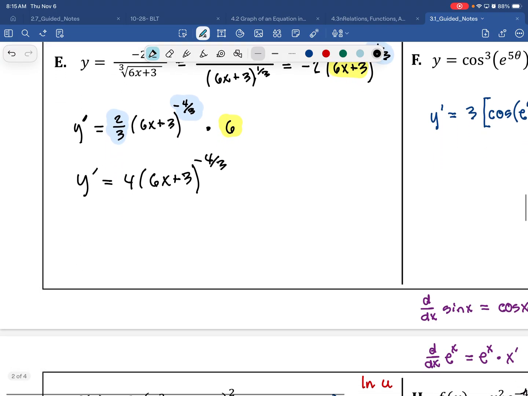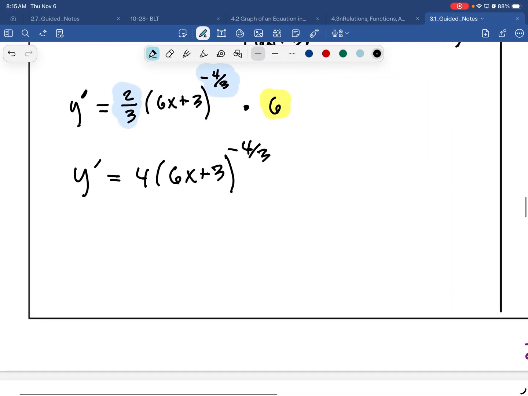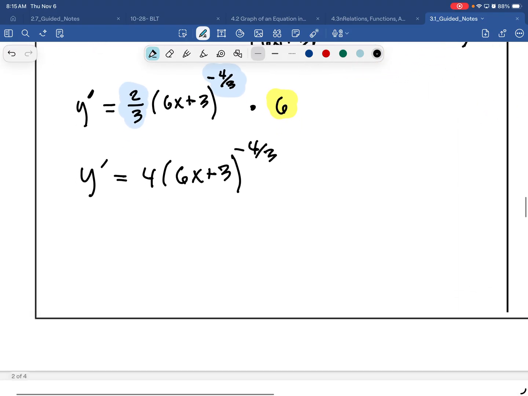You can be done at the top line right there if it's a free response question. If it's multiple choice, they're probably going to do a couple things. The 4 is going to stay right where it is on the top of a fraction. The 6x plus 3 is going to go to the bottom because it has a negative exponent.